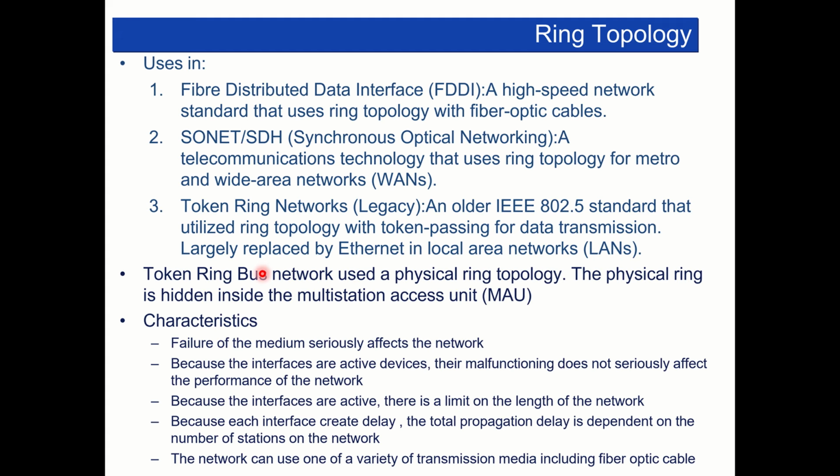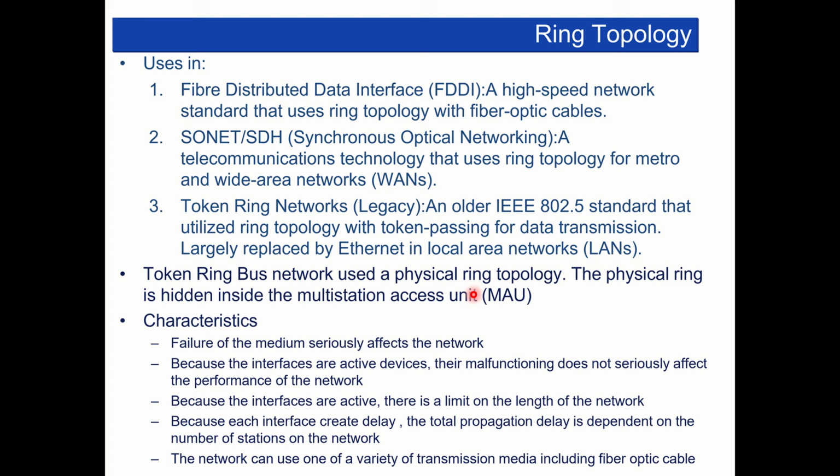So this topology was commonly used a long time ago for high-speed networks and also the internet backbone. But now we don't really use it anymore, because this kind of topology has become obsolete.